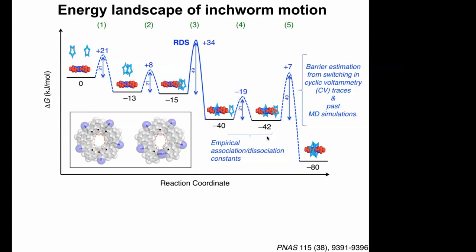So the association and dissociation constants gave us an idea about what the low energy wells are, so to speak, and the barriers we determined from the molecular dynamic simulations that we had done before, verified with cyclic voltammetry experiments, where the rate of switching or change of cyclic voltammetry peaks gives you an idea of the rate of the redox processes.